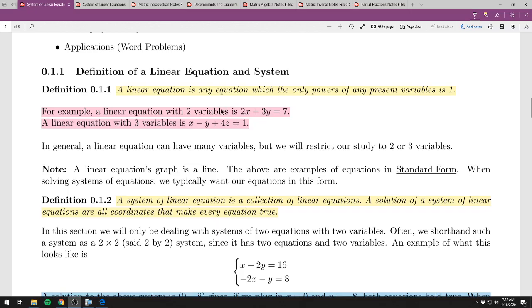And it's called an equation because we have an equal sign. 2x plus 3y equals 7 is an example of a linear equation with two variables. A linear equation with three variables, typically we use the variables x, y, and z. Same idea, no powers except 1, and it's an equation. We have, like, x minus y plus 4z equals 1.